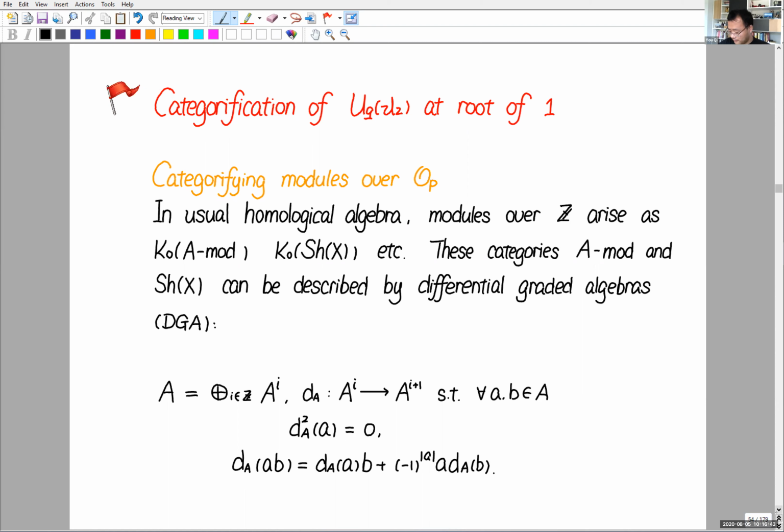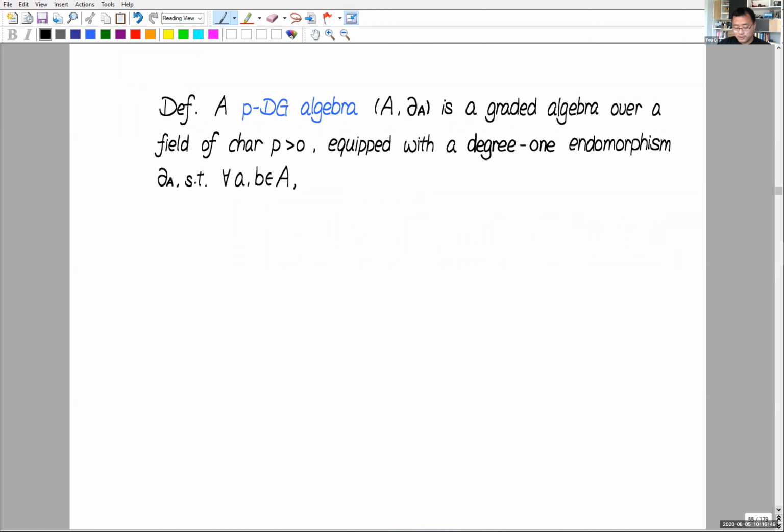Okay, so to mimic this situation, let's consider an analog of this in the p-homotopy category. So a p-differential graded algebra, or p-DG algebra, is a graded algebra over a field of finite characteristic p, equipped with a degree 1 endomorphism d_A, such that first off, d to the pth power has to be identically 0, so it becomes a module over H. And secondly, it's a module algebra over H, in the sense that the multiplication of A is compatible with the H action.